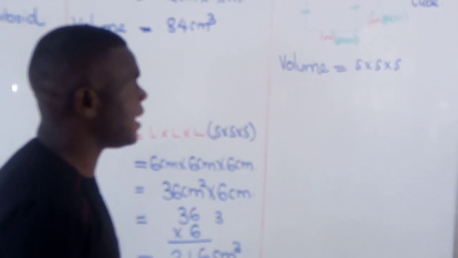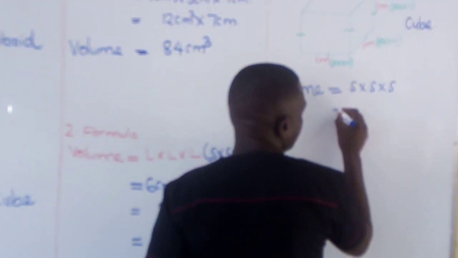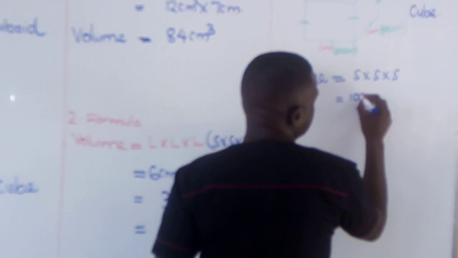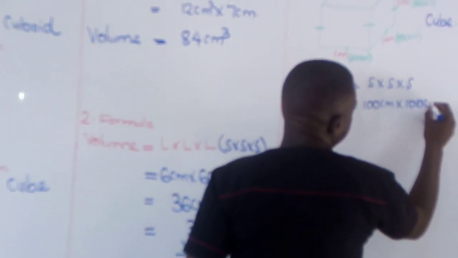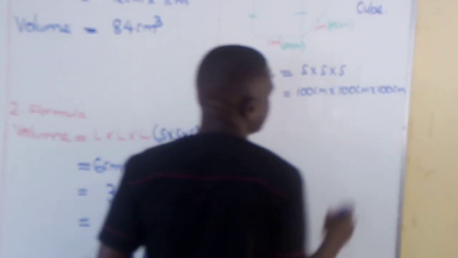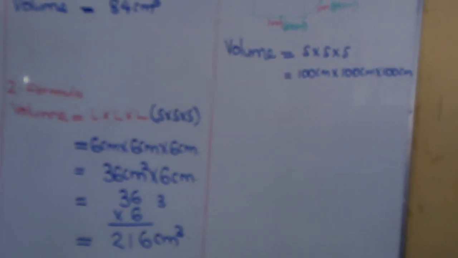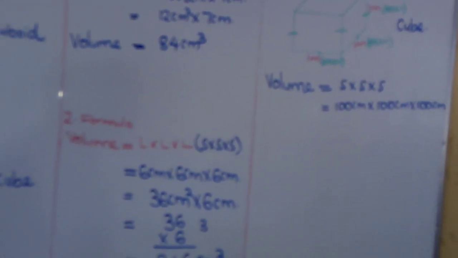And our side here in centimeters will be 100 centimeters by 100 centimeters by 100 centimeters. That is our side. What do we get when we multiply 100 by 100 by 100?